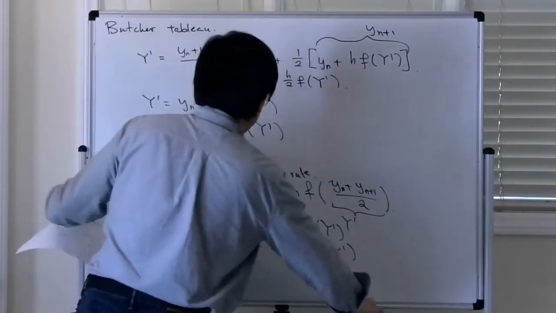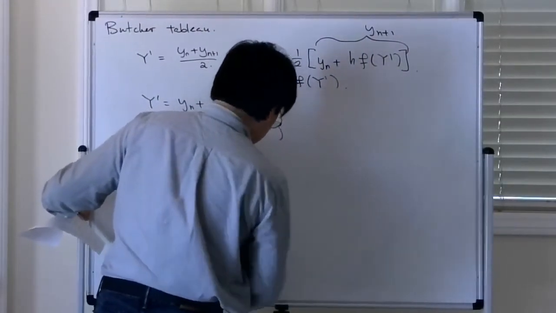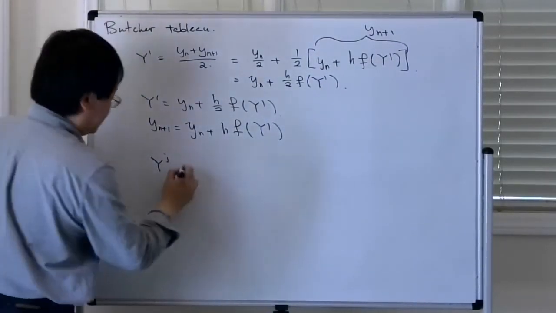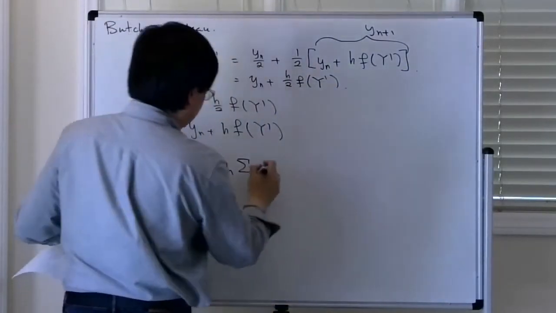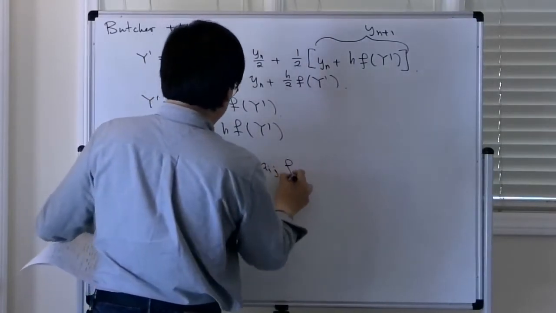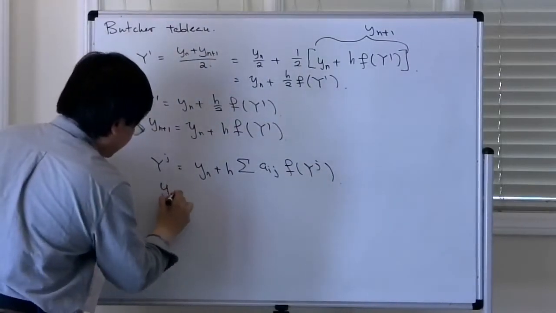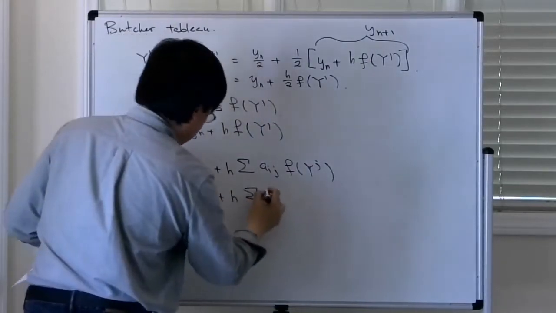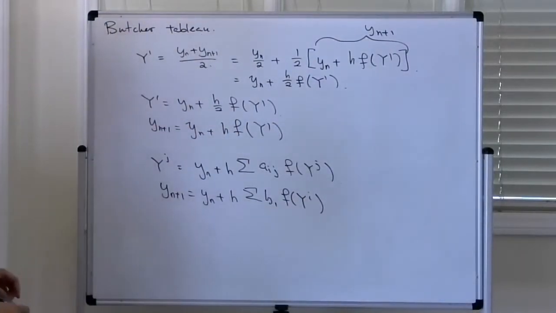So let's compare this to the general form of a Runge-Kutta method. The internal stage Y_i equals y_n plus h times the sum of a_ij f evaluated at Y_j, and y_{n+1} equals y_n plus h times the sum over i of b_i f evaluated at Y_i. Now you're in business.